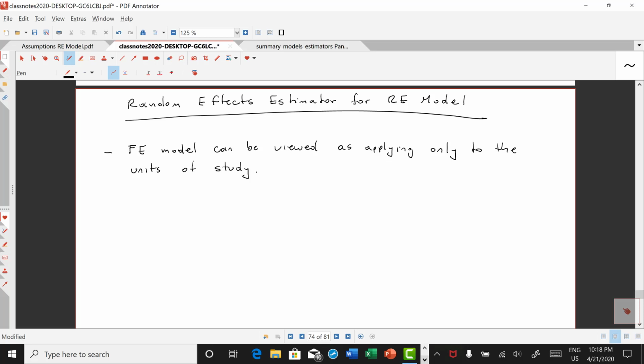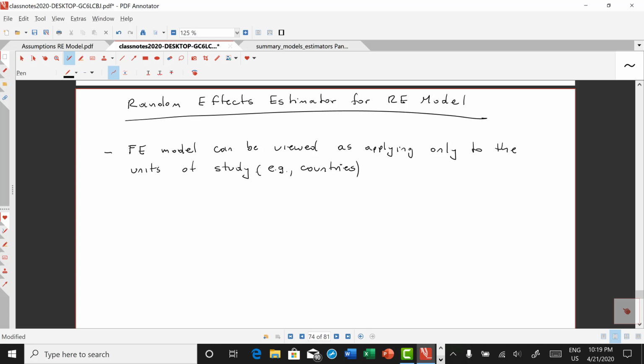Remember, one way to think about the fixed effects estimator is that we estimate an intercept for each of the units. So that intercept applies to each specific unit. Let's say we had the fixed effects estimator and the units are the countries.